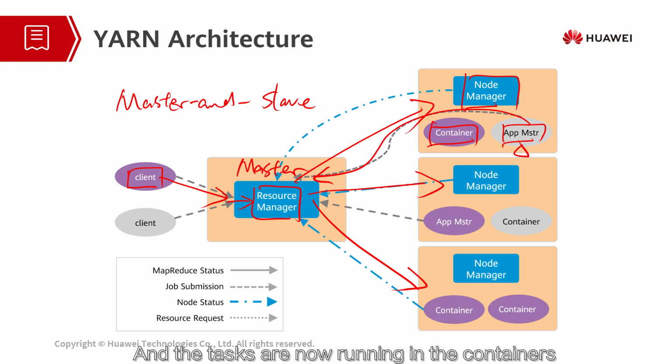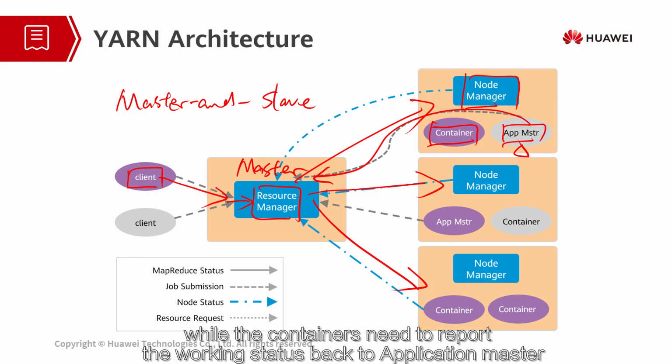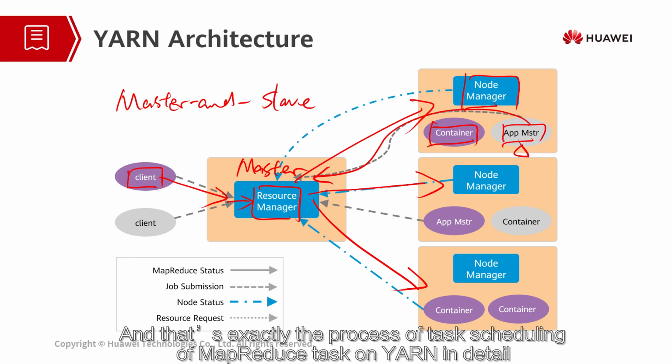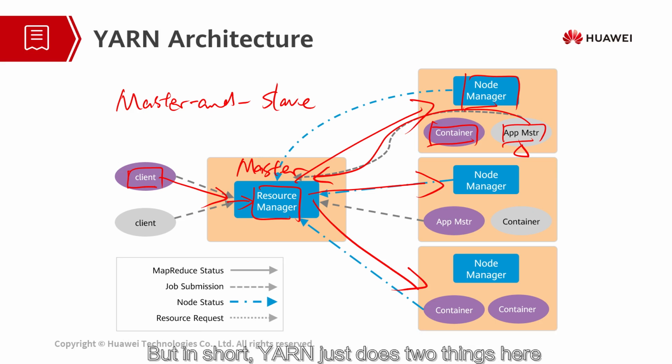And the tasks are now running in the containers, while the containers need to report the working status back to Application Master. And when working, the Node Manager needs to report node status back to Resource Manager. And that's exactly the process of task scheduling of a MapReduce task on YARN in detail. But in short, YARN just does two things here: job checking and process monitoring.